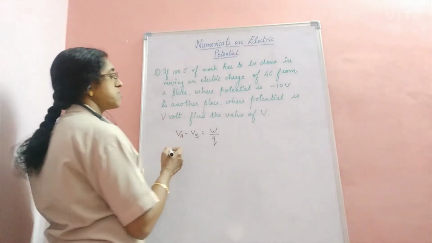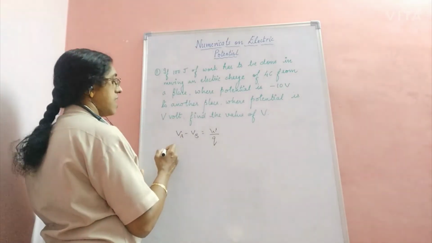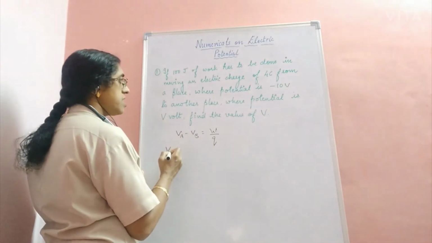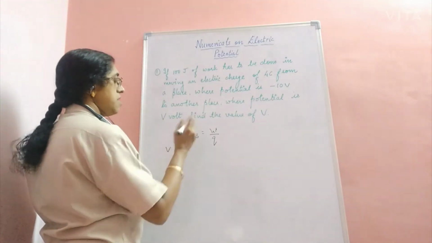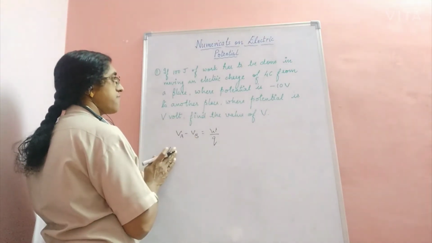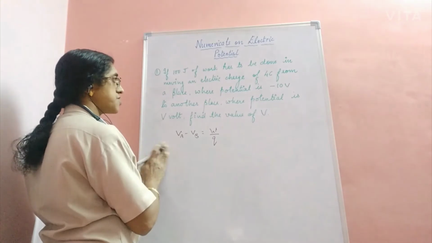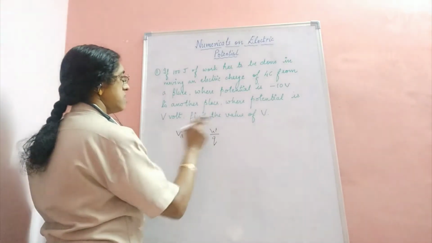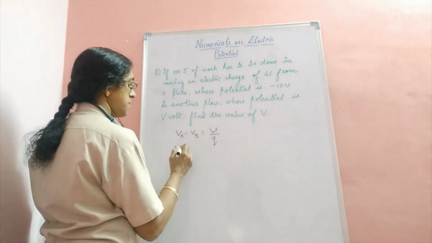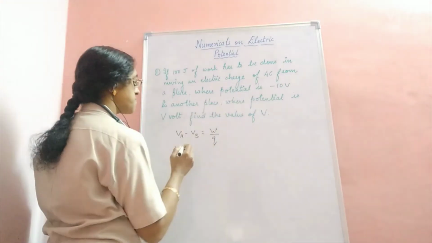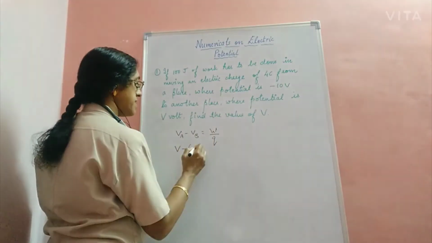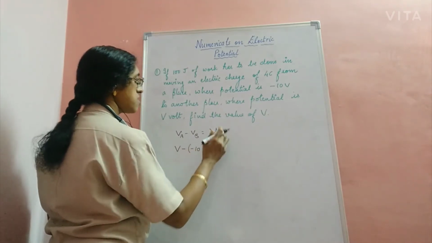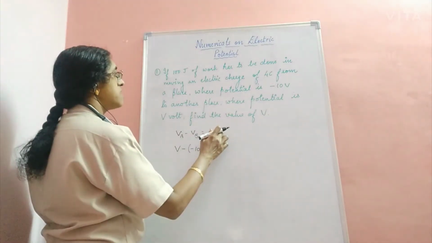So we'll substitute. VA minus VB: I'll take final position minus initial position, as final position is B, minus initial position, minus 10, is equal to work done per unit charge.